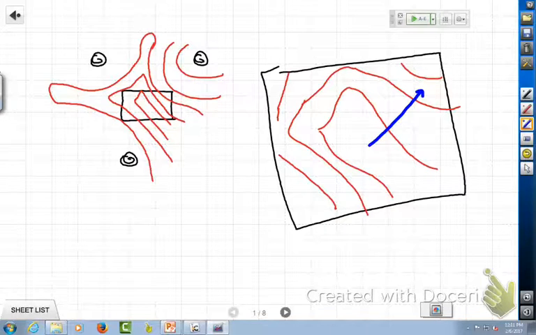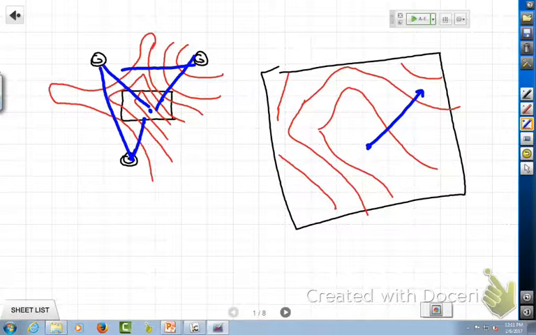So there's one way of doing electrostatics where you say, I'm at this point here, and I want to go to that point there, and so I need to take into account all the mountain tops and figure out what's going on. Or I can look at the effect of the mountain tops and just use my contour map.